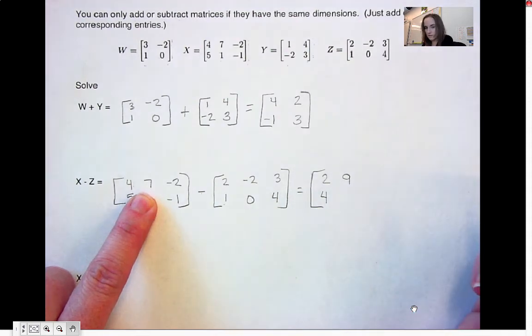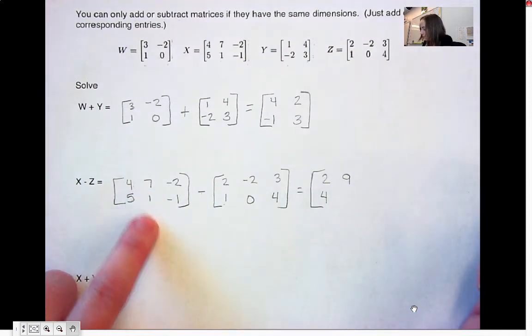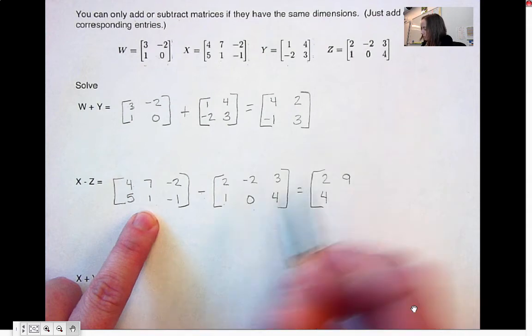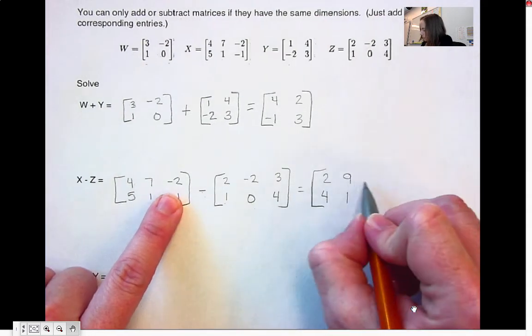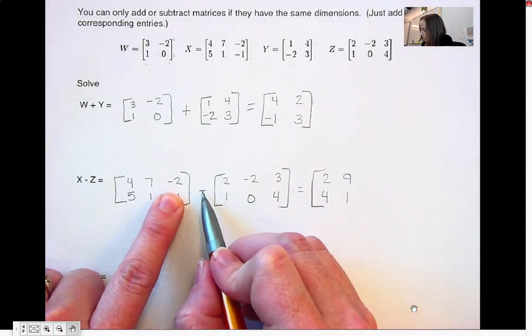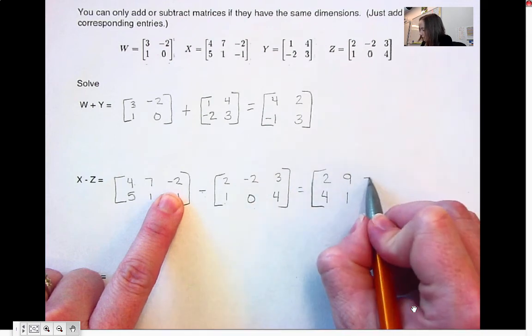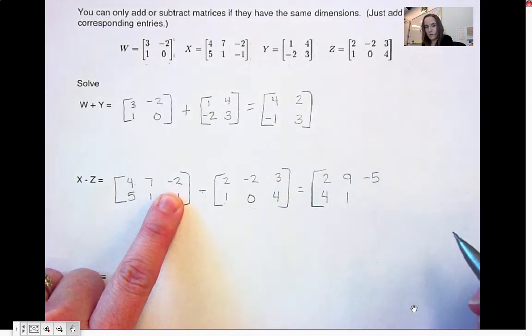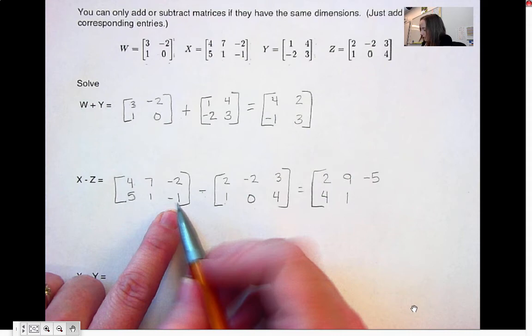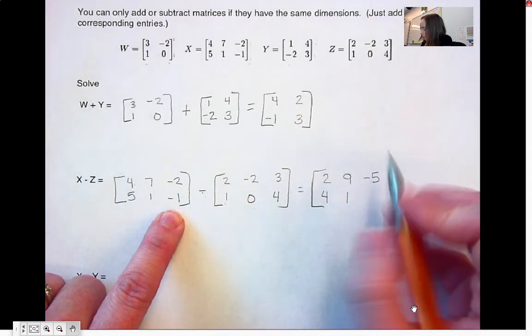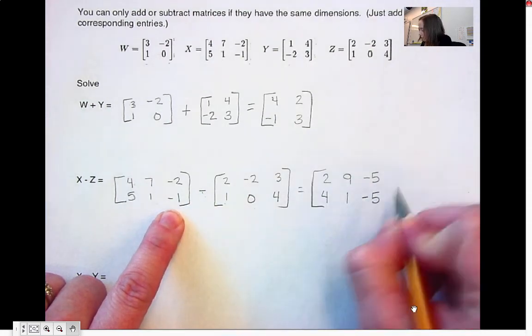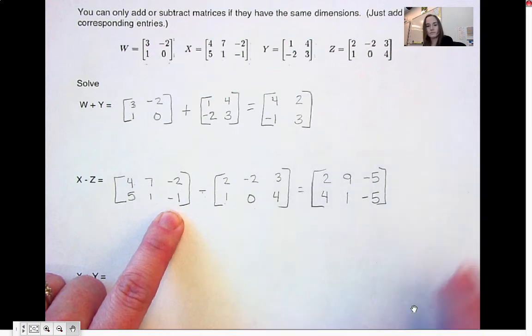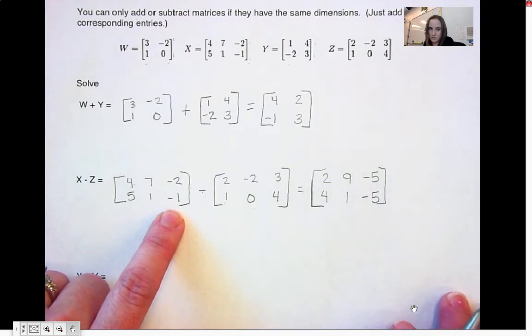Careful there. 7 minus -2. 1 minus 0. -2 minus 3. Watch what you're writing. -1 minus 4. And that should be our answer to X minus Z.